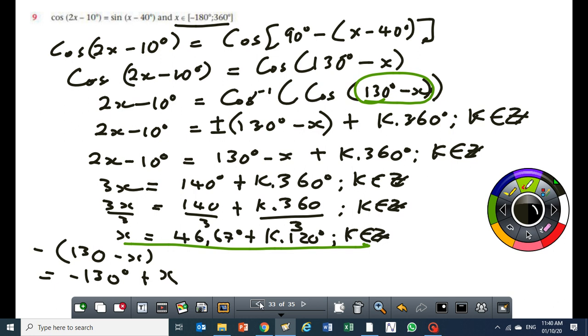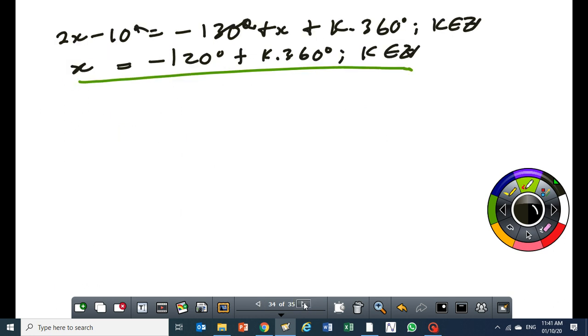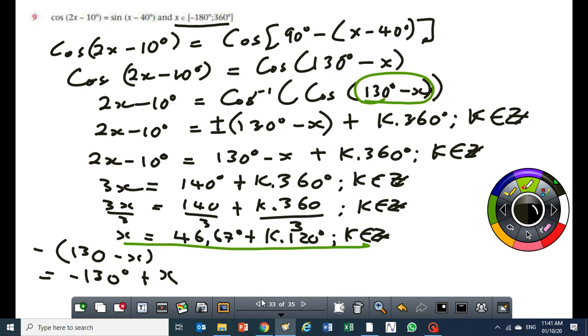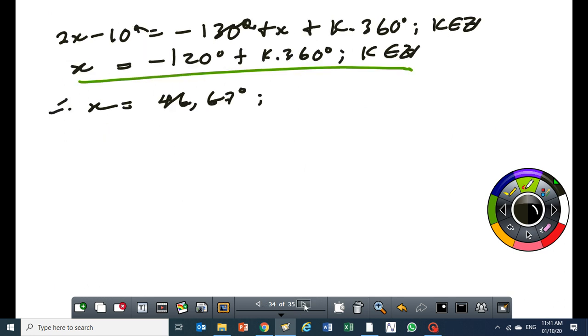If I start with this one, if I put k equal to 0 here, okay, I'm going to end up getting 0 plus 46.67. Okay, so 46.67 is the solution. So here I'll say my x, the first one is going to be 46.67 degrees. The next one, if I put k equal to 1 here, I'll get 46.67 plus 120, which will give me 167.67 degrees.